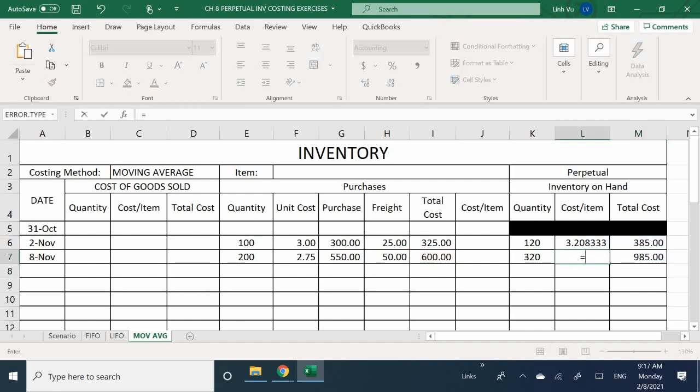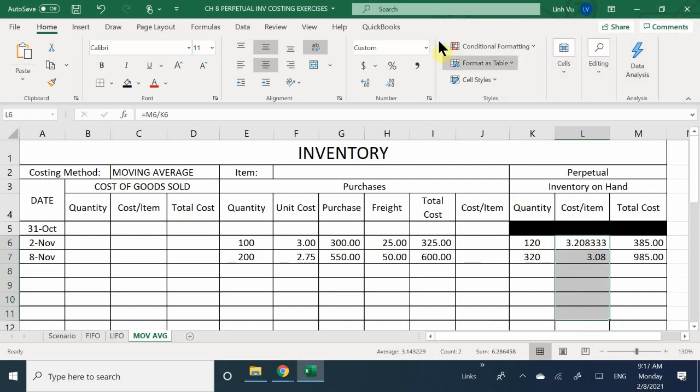So then what is going to be my new average cost per item? 3.078125. Okay, so 3.08.